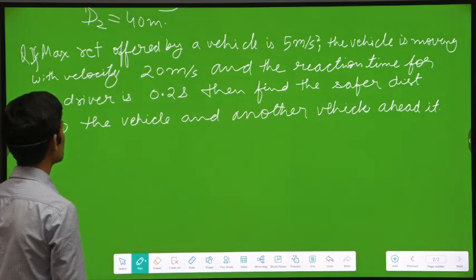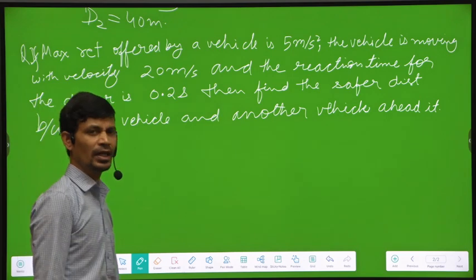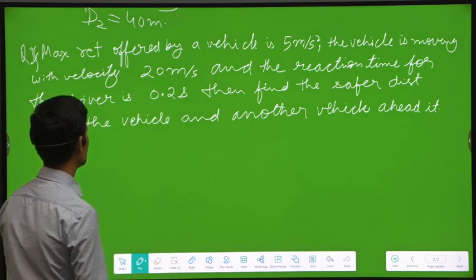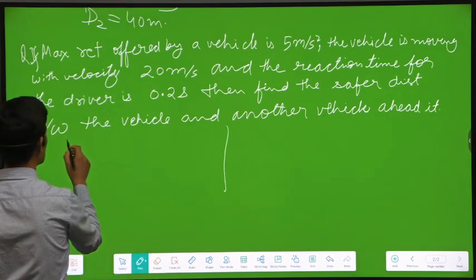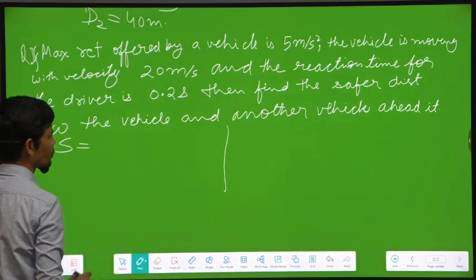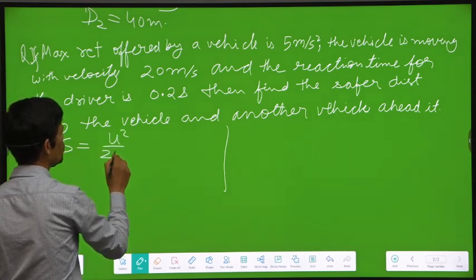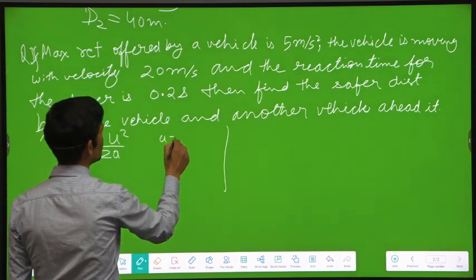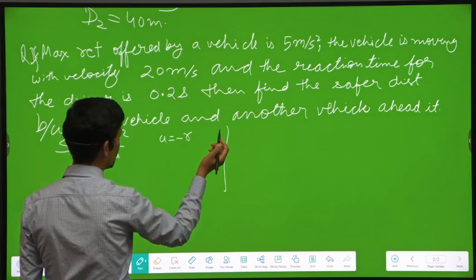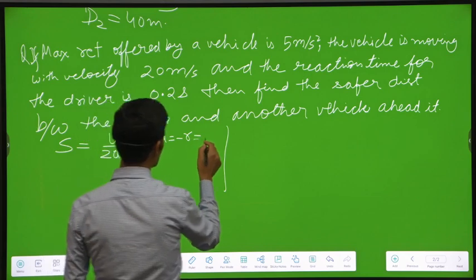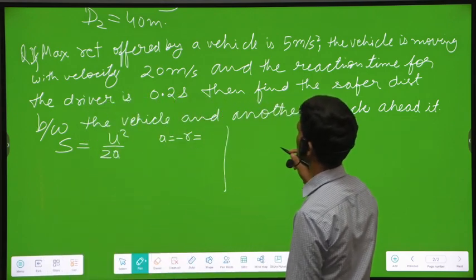So here we have to find the stopping distance, which directly we know is u square by 2a.